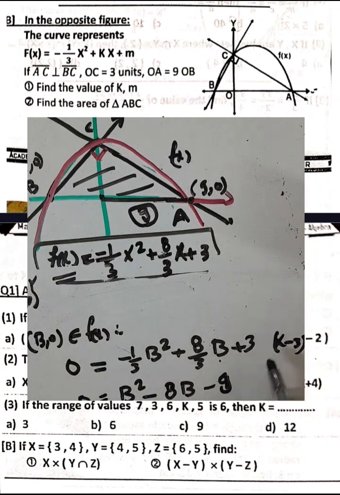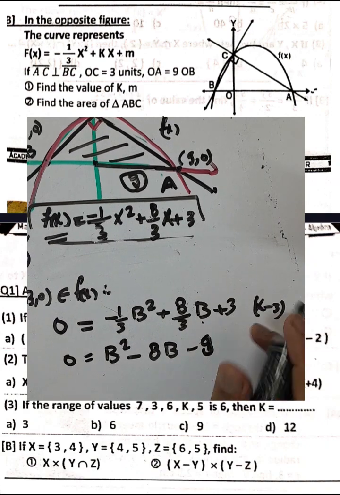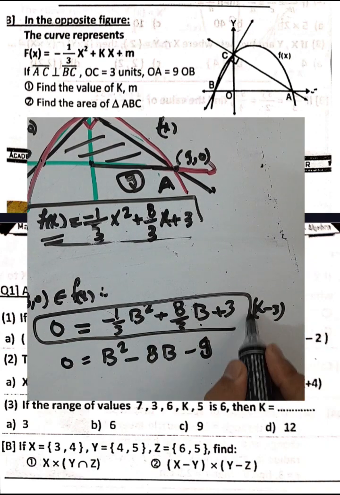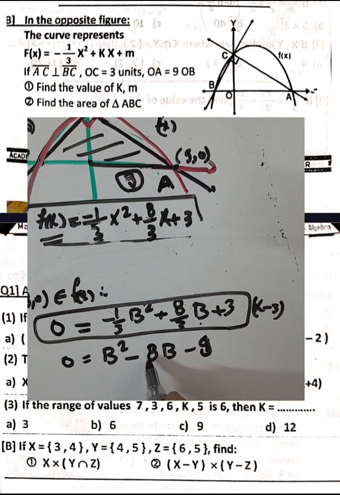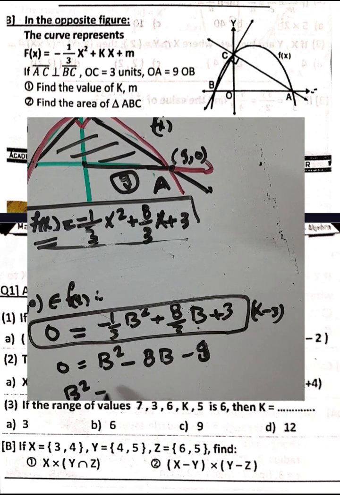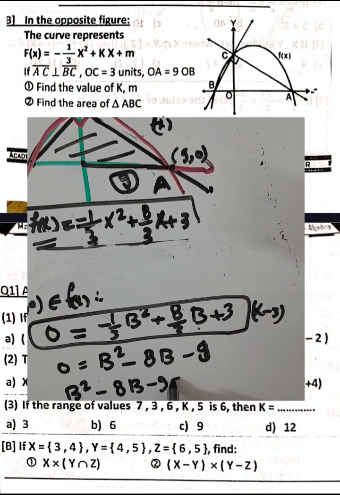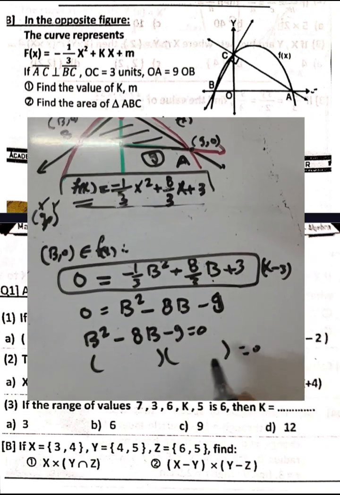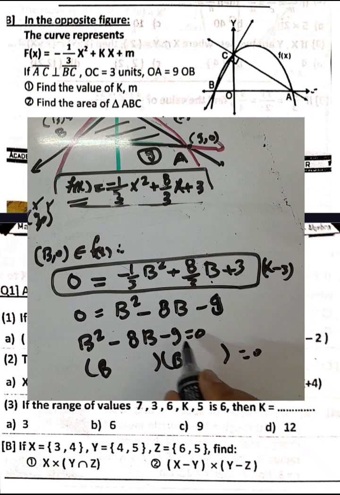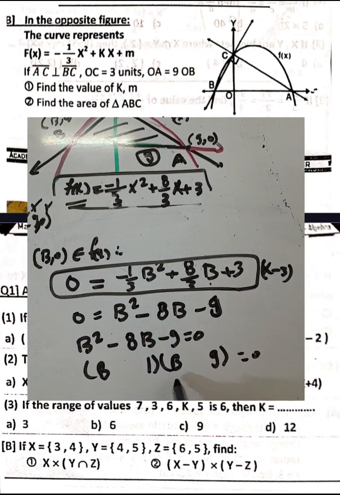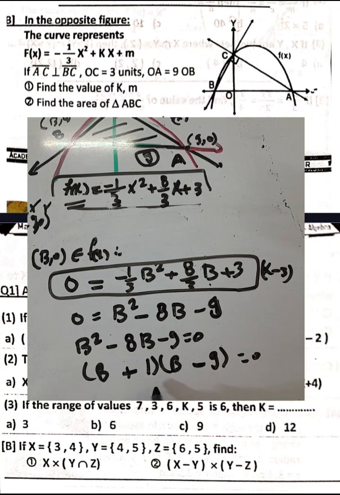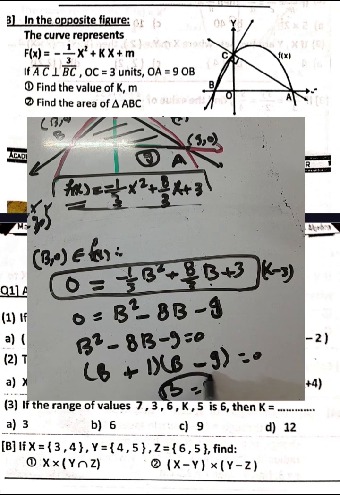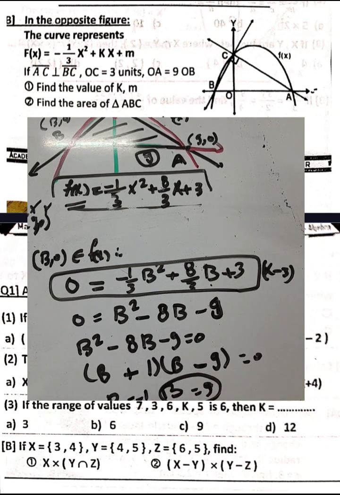Pay attention with me again. I multiply all terms here by negative 3. Then the equation will be p power 2 minus 8p minus 9 equals 0. And then you can factorize this. P power 2 will be p times p, and 9 will be 1 times 9, and the signs are such that the middle term is negative 8p. Then p will be equal to 9 or p equal to negative 1.